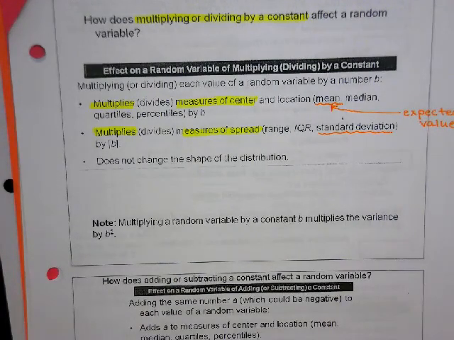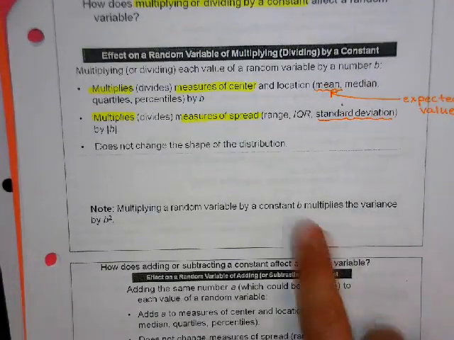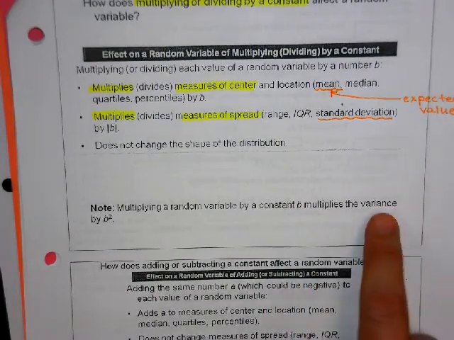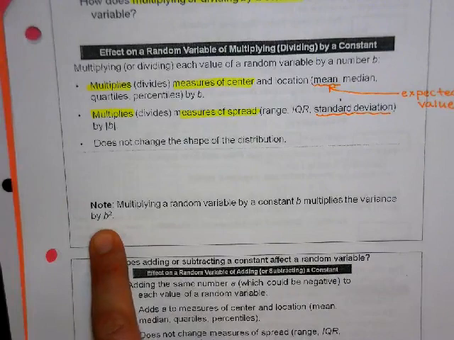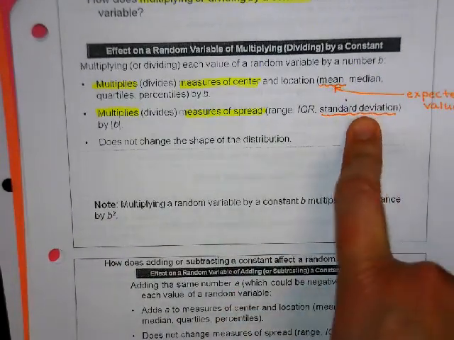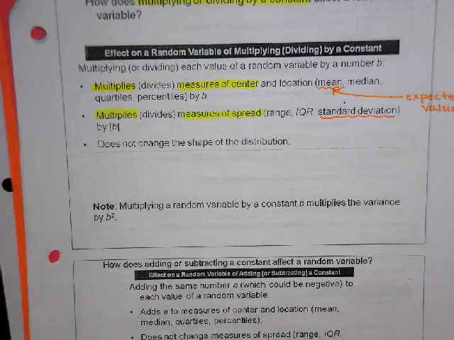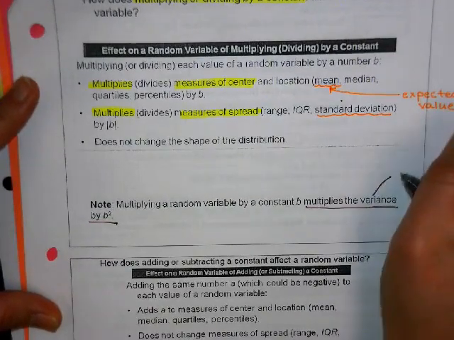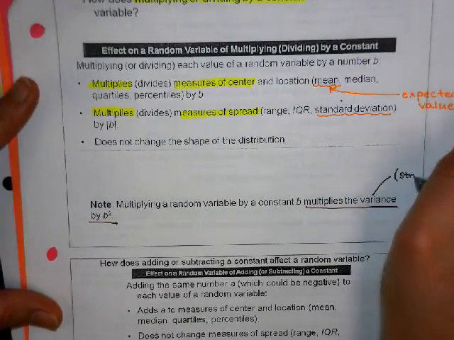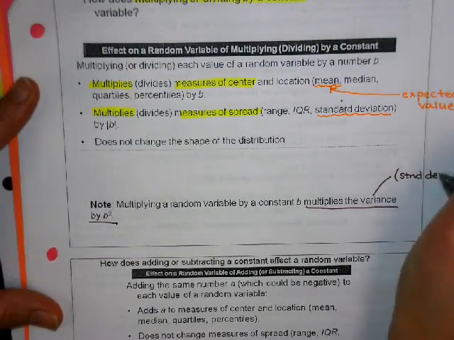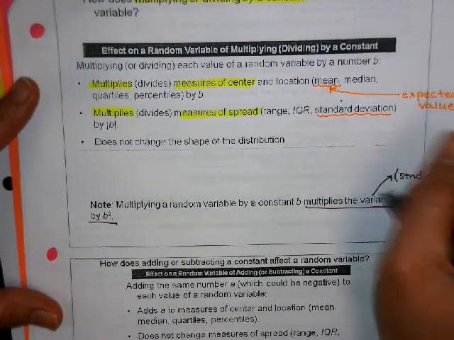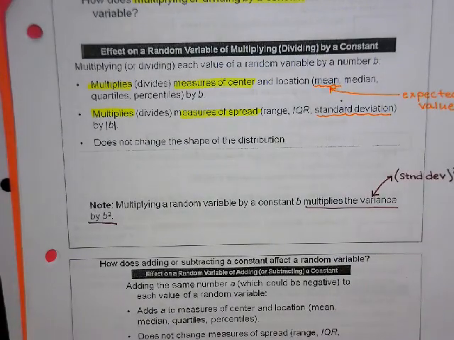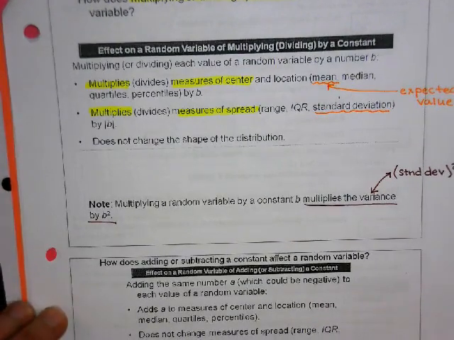If we multiply a variable by a constant, it's going to multiply the variance by b squared, because remember, variance is your standard deviation squared. So it would end up multiplying it by b squared. Then down below, summary of what happens when you add or subtract, because adding and subtracting are the same thing.